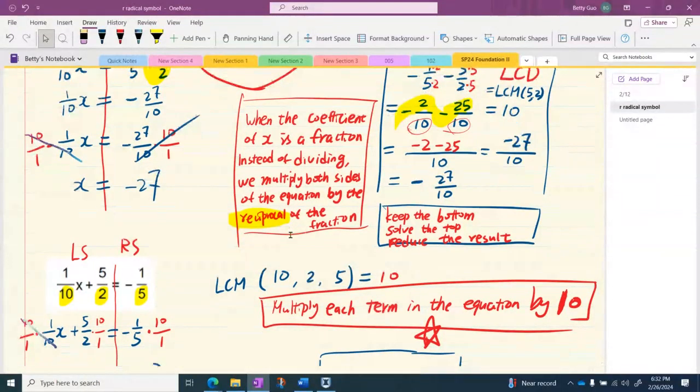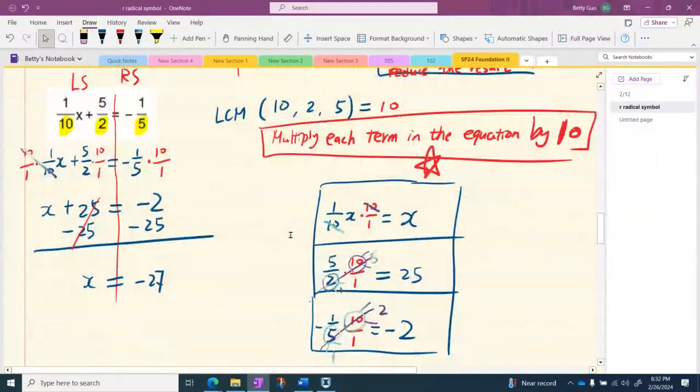And the second rule is to get rid of the fractions at the very beginning in the second method. Once we identify the LCM of all the denominators, we multiply every single term in the equation by the LCM.